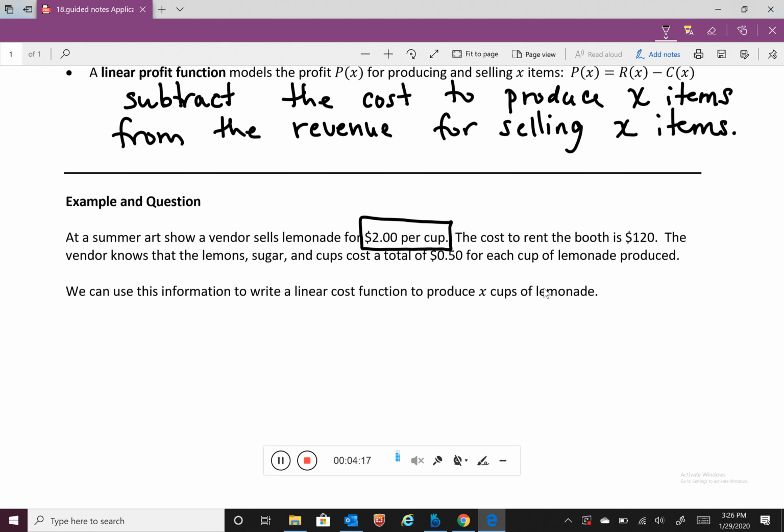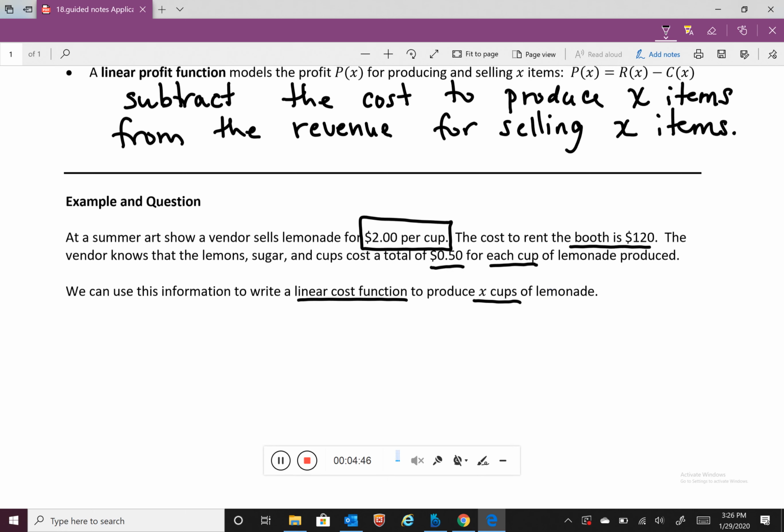So he's setting up a booth, and the booth costs $120 to rent. And this vendor knows that the lemons, sugar, and the cups cost a total of 50 cents for each cup of lemonade produced. So we can use this information to write a linear cost function to produce X cups of lemonade.